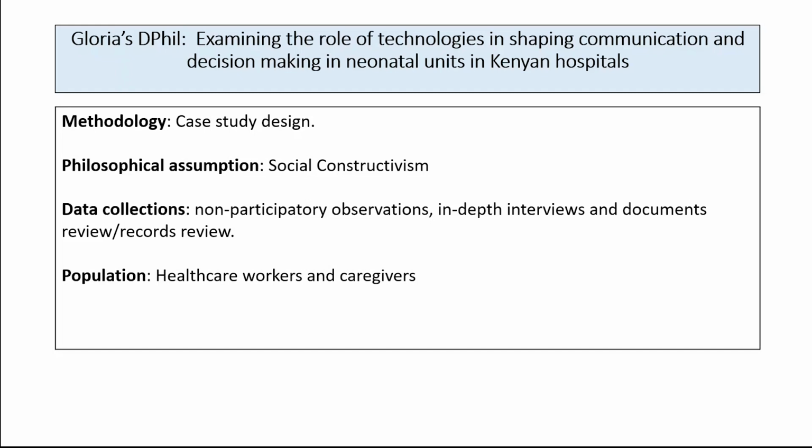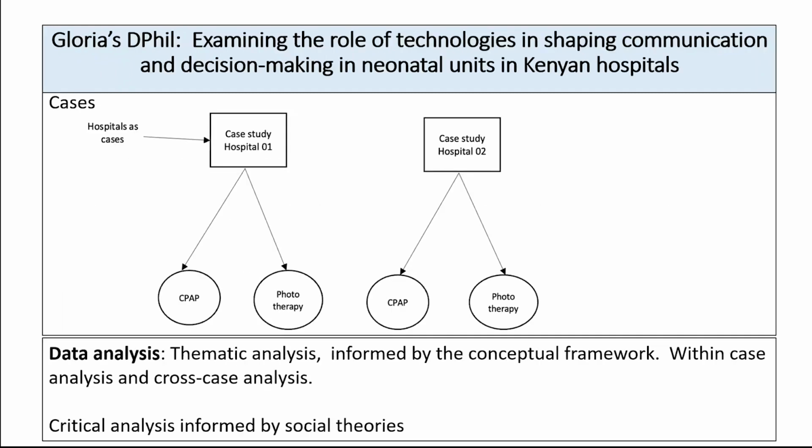And so my research is in newborn units. And so I have chosen 2 hospitals as my cases. So these are 2 hospitals with different characteristics in order to compare and to contrast. So this choice is informed by my literature, also to understand some of the things that could affect communication and decision making with the use of technologies.